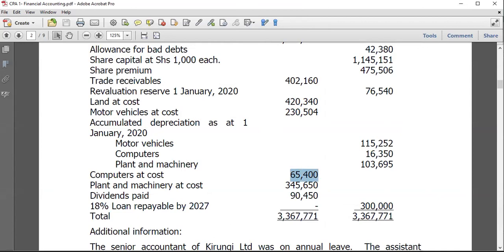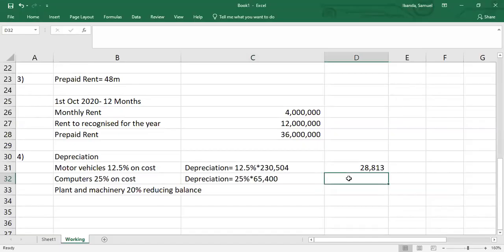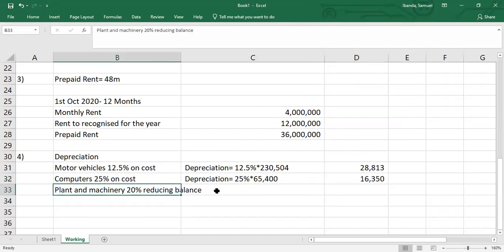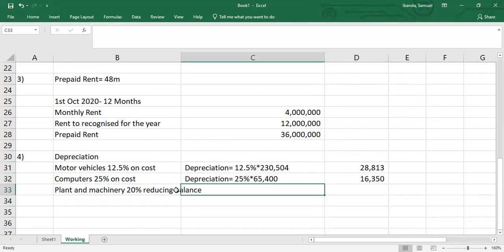So I'll come here and say 65,400. So 25% times 65,400 gets me 16,350.